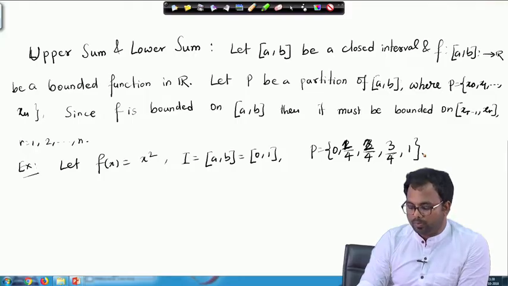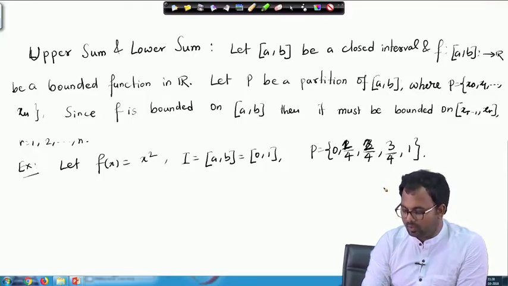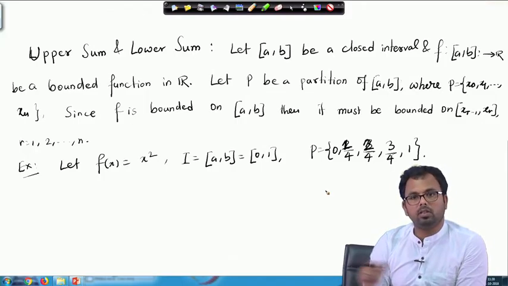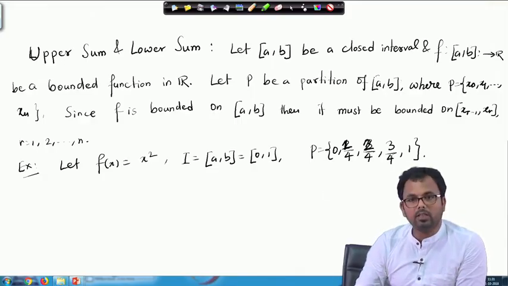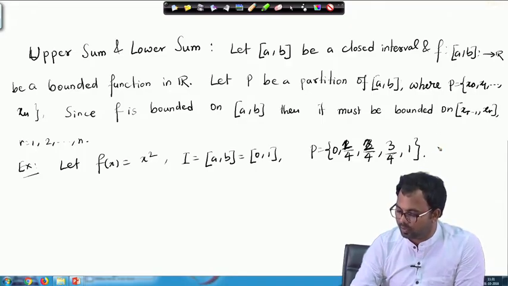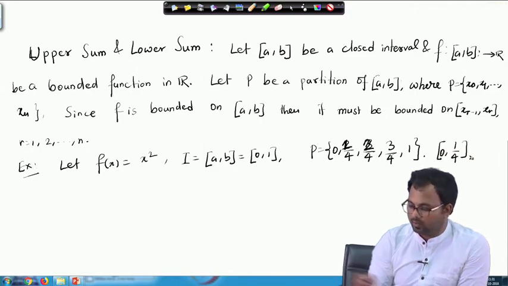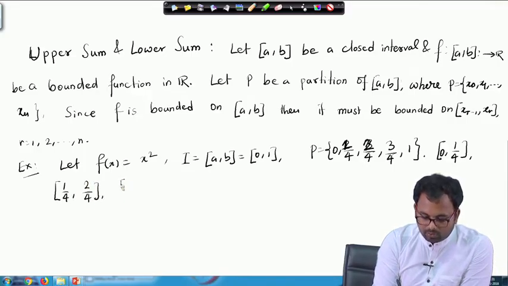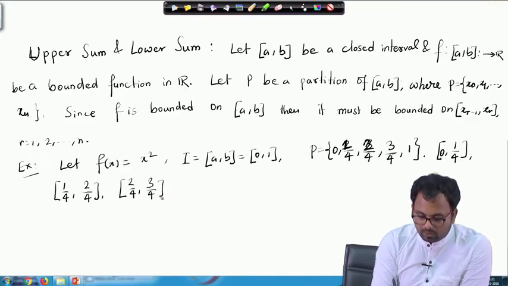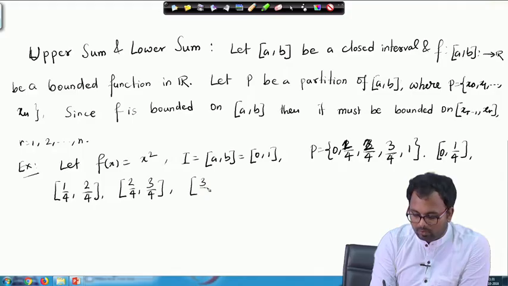Then this partition P divides the interval [0, 1] into non-overlapping subintervals, and if we pick any one of these subintervals, the possible subintervals are [0, 1/4], then [1/4, 2/4], then [2/4, 3/4], and finally [3/4, 1].